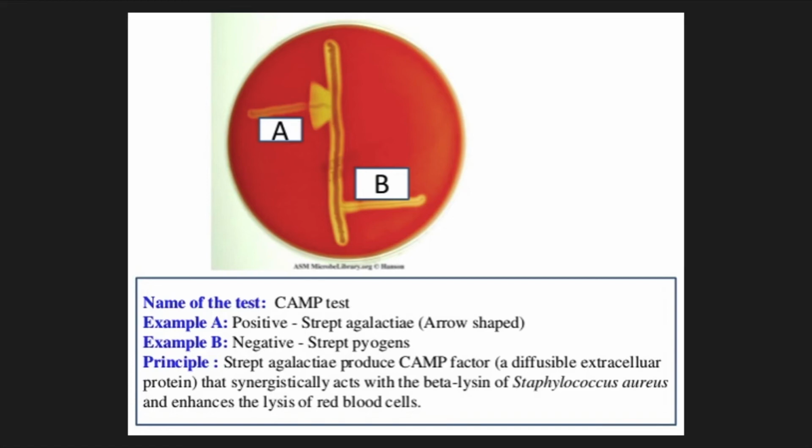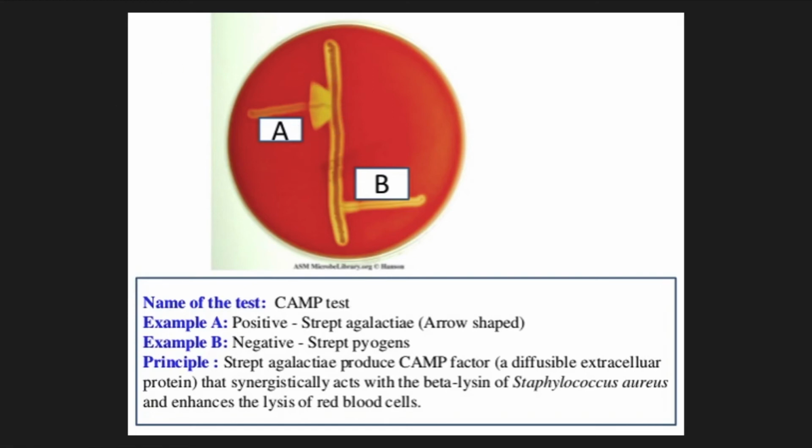Okay? And what it's showing here, you can see where A meets that long streak of Staphylococcus aureus. It has that arrowhead kind of formation right there, that arrowhead of clearing. That is because of the not cyclic AMP.